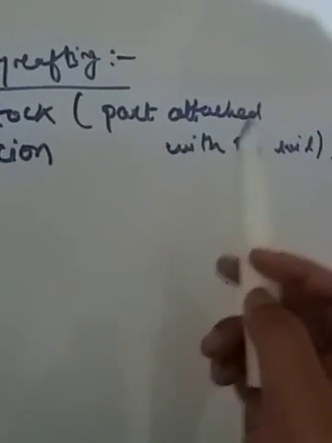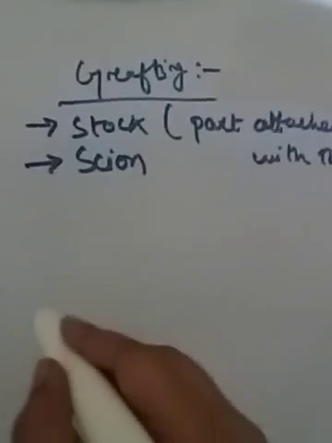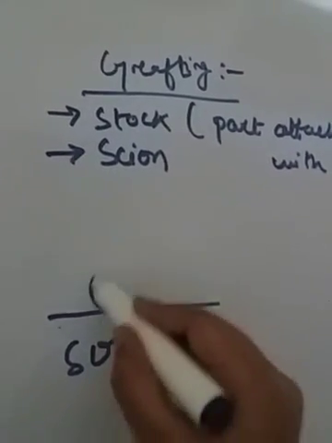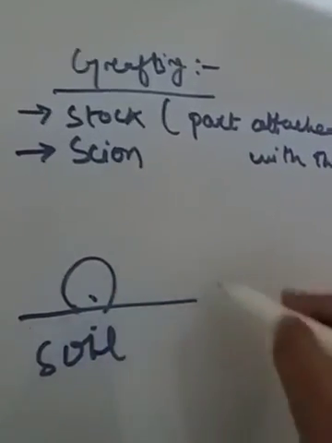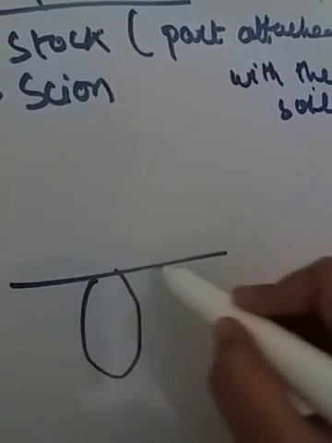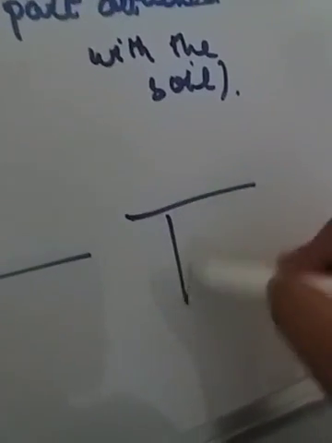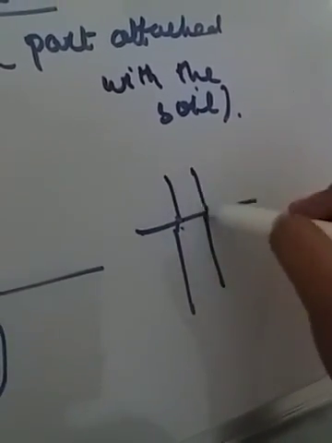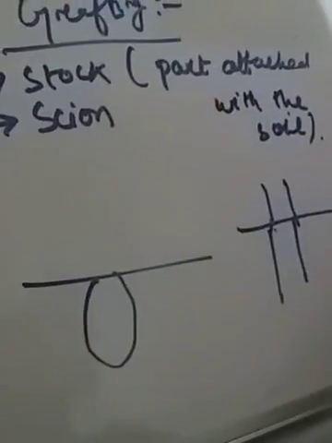If this is soil, then something is attached here. It may be like this, or like this, something attached to the soil in the lower part, or it may be in the upper part. Whatever it may be, this was stock, the part attached to the soil.